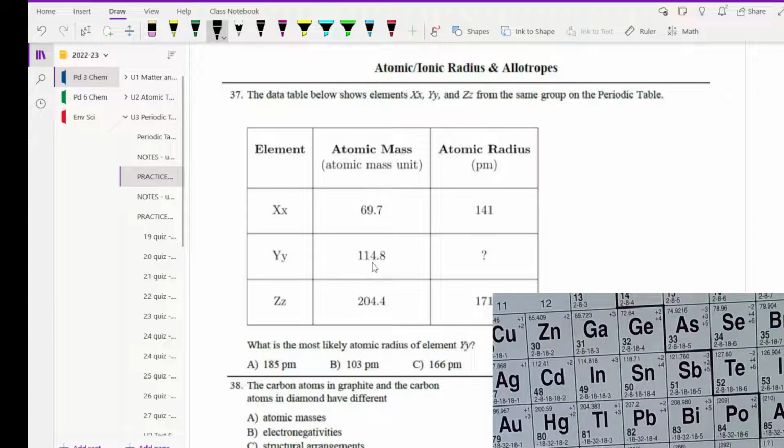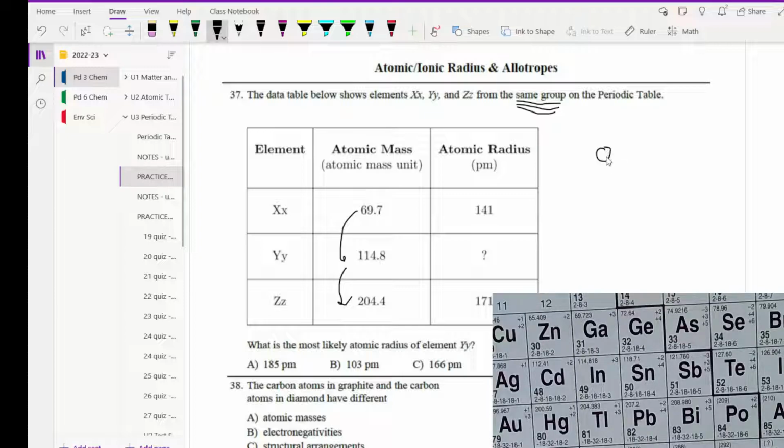So we know atomic Y has a jump of about 30, 40, and then a jump of about 90. And so if we know that this element is, oh, from the same group, by the way. This is important because we just want to recognize what happens in groups.